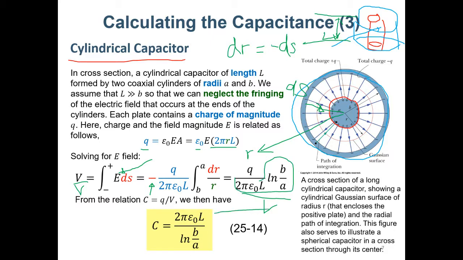It becomes this, because Q over V is C. So we can get this equation. Any questions?